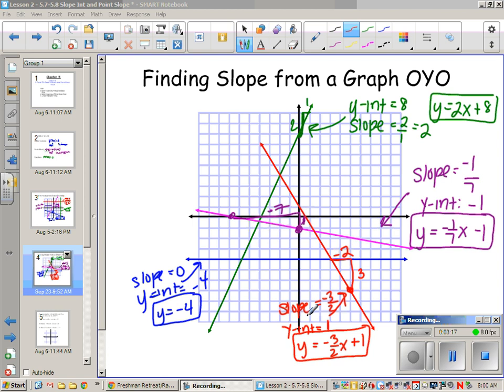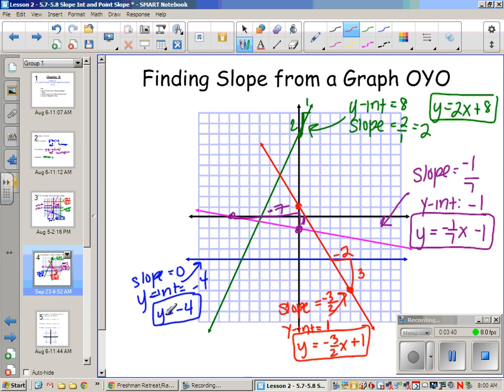All right, so I've written all the answers in there. If you look at, for example, the red line, I found the slope of up 3 over negative 2, and the y-intercept is up here at positive 1. So my m is negative 3 over 2. My b is 1, so I write y equals negative 3/2 x plus 1. If you look at this blue line here, we got a slope of 0 and a y-intercept of negative 4.